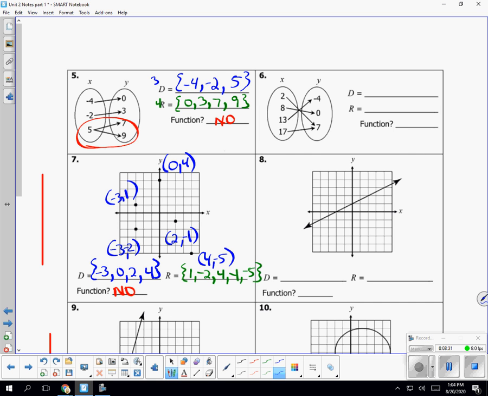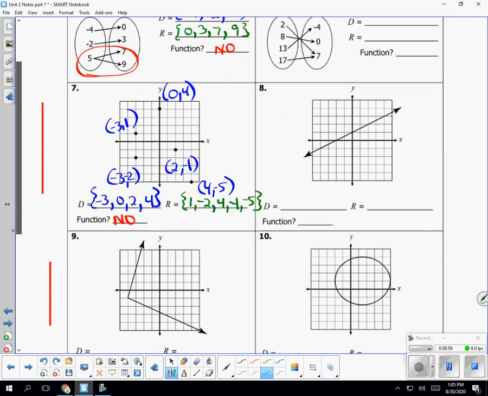How many domain values do we have here? 4. And how many range values do we have? 5. So there we go. This should tell you that anytime you have more range values than domain values, you're not going to have a function, because that means that one of your domain values goes to 2 different range values. And that is an indicator that no, this is not a function.